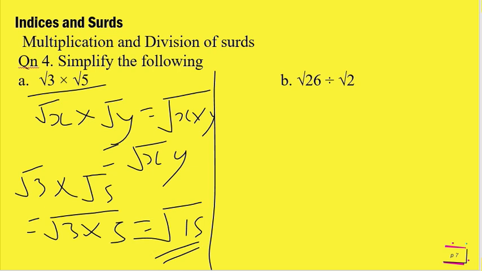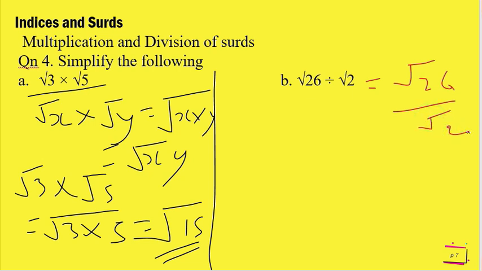Now for division, it looks the same but is somehow different, because we are dividing. This is root 26 divided by root 2.